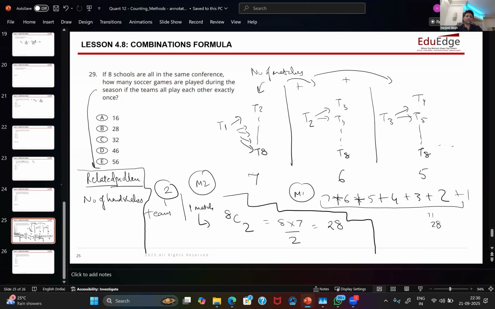So that again will be 10C2 because 2 people are needed to make one handshake. So how will you select 2 people out of 10? Essentially, those are the number of ways in which it can be done. Got it?